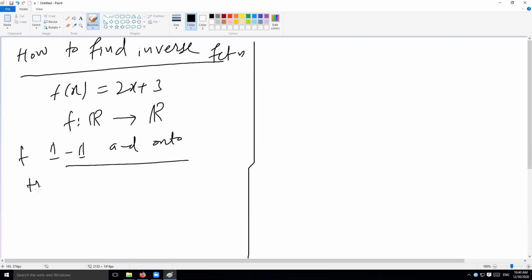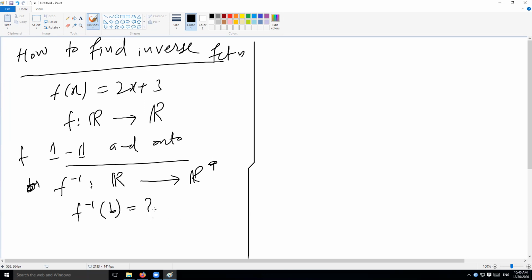Now, how to find the inverse? F inverse is going to be a function from R to R. So the question is, how can I find f inverse of some b?